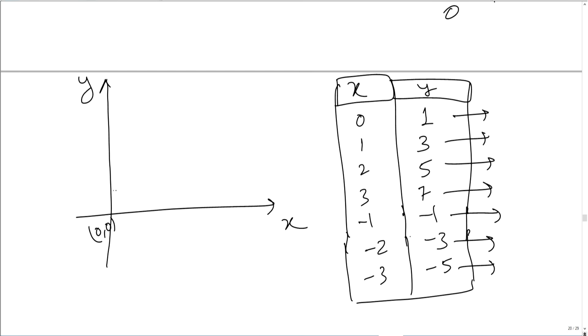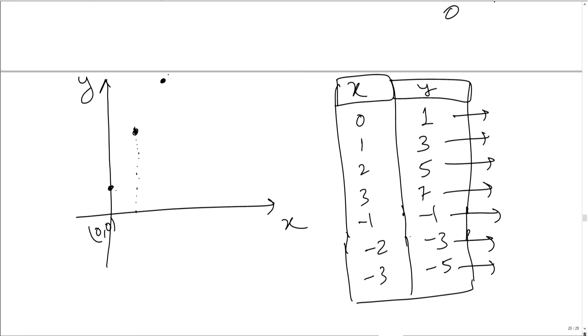So when x is 0, y is 1. When x is 1, the value of y is 3, so x equals 1 would be somewhere here, and corresponding to this the value of y is 3. Similarly, when x is 2, y is 5, so let's say somewhere here.